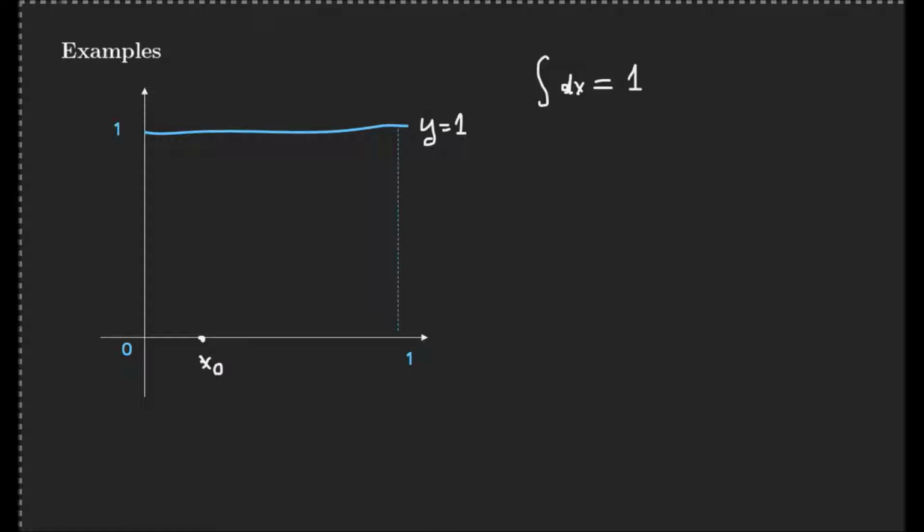If I pick x0, then this value is punched out. It is not defined as the constant number 1. Instead, I will make the value at x0 equal to 0.